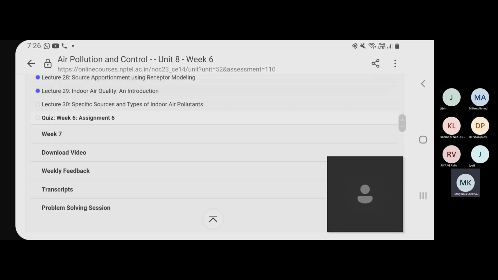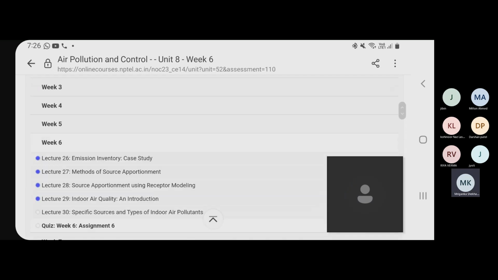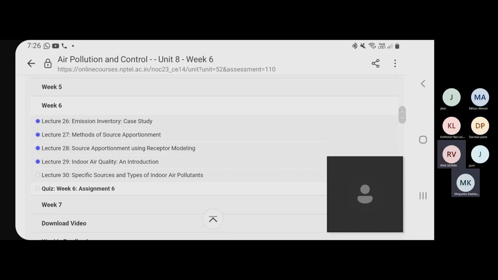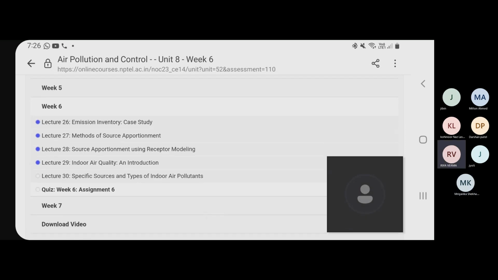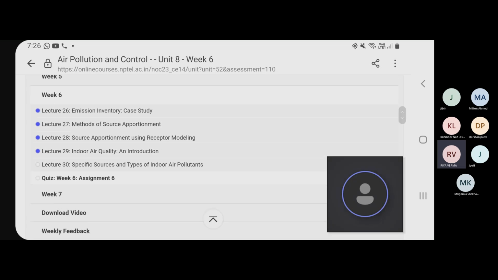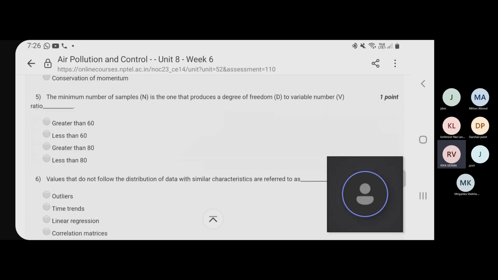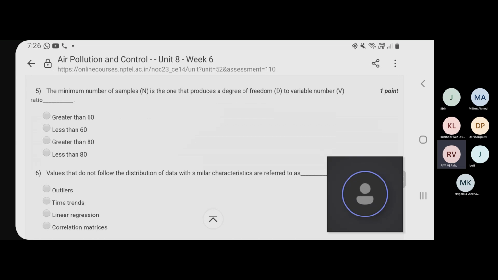Then this will be from lecture 32, assessment of exposure, sampling design.